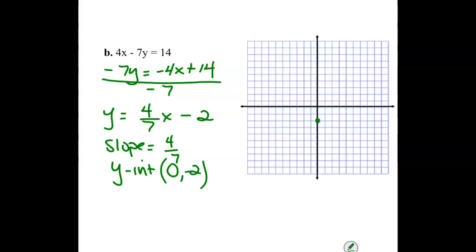So (0, -2) is there. We're going to rise 4 and run 7. Now, I'm kind of out of graph, right? To run 7 more. Can I go down 4 and left 7? If I reverse both directions, I'm still okay. So down 1, 2, 3, 4, and 1, 2, 3, 4, 5, 6, 7. Yes? And then draw a line.